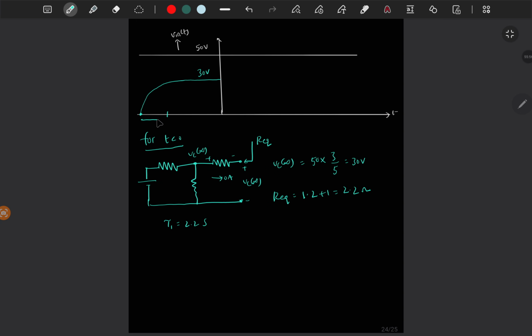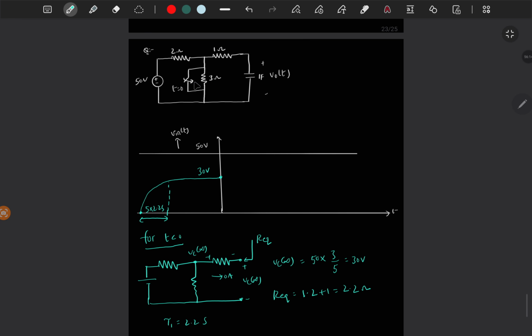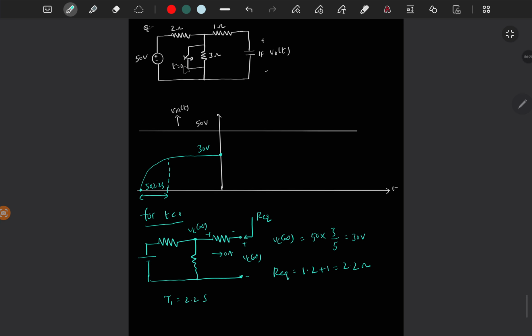So from here to here, 5 times 2.2 seconds to reach steady state. And now the initial voltage is at 30 volts. Now the transient behavior is happening at t equal to 0. So at this time there is a short circuit across 3 ohms, right?